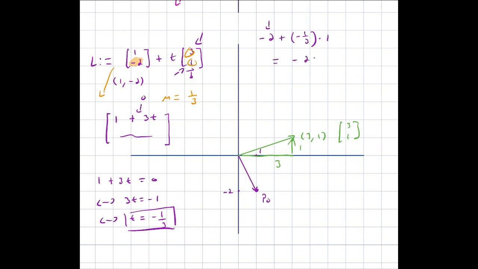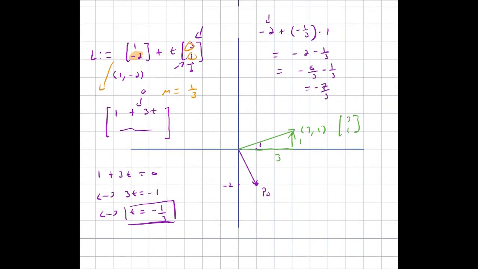Or it's going to be negative 2 minus 1 over 3. Let's do this step by step. This is negative 6 over 3 minus 1 over 3. So this will be negative 7 over 3. So this is telling me that the y-intercept of this thing is going to be negative 7 over 3.